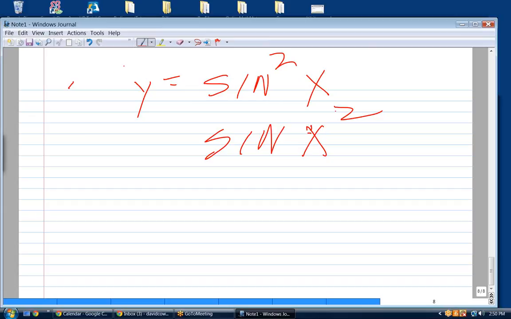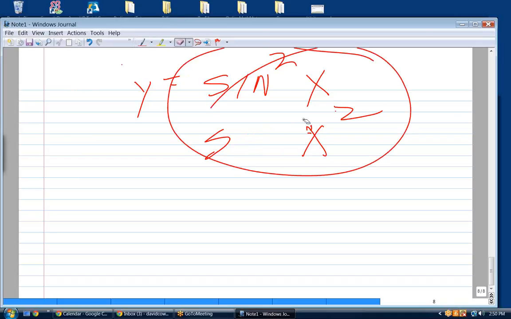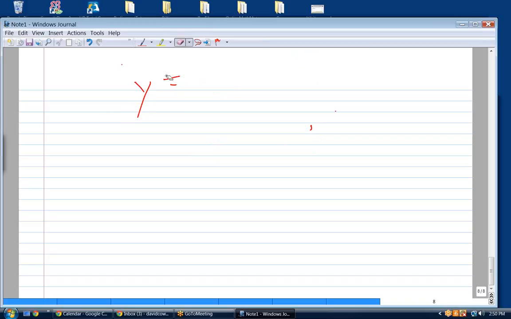In other words, in this first problem, the inside is sine x, so that we have u squared. The second problem, the inside is x squared, so that we have the sine of u. Okay, and then you're going to have to apply the chain rule in each case. But this probably is the most difficult part of the chain rules, I think, is the trig function.